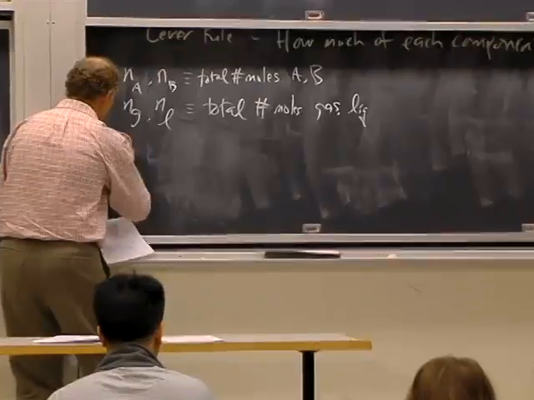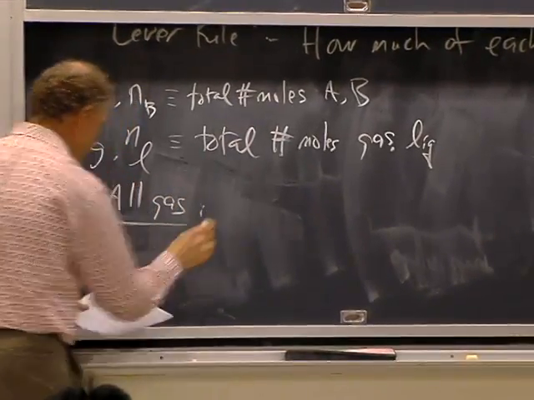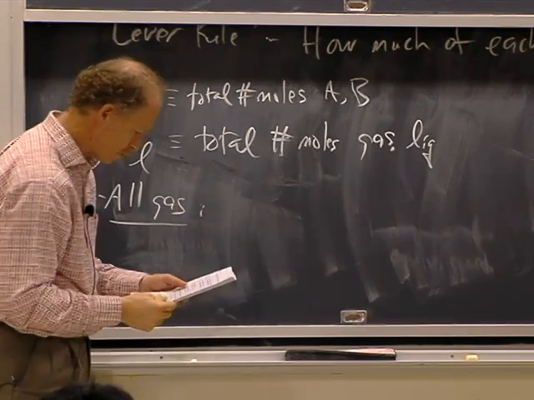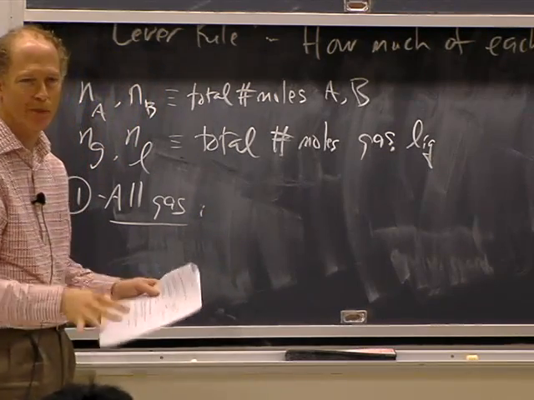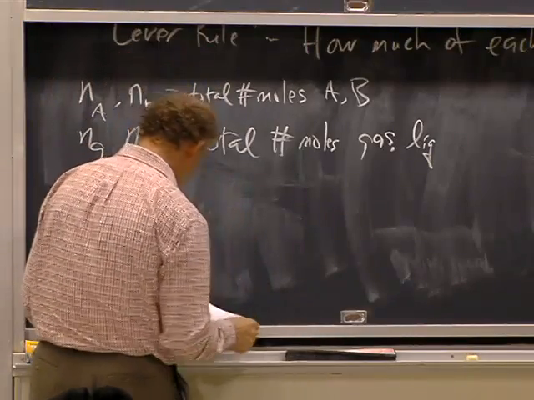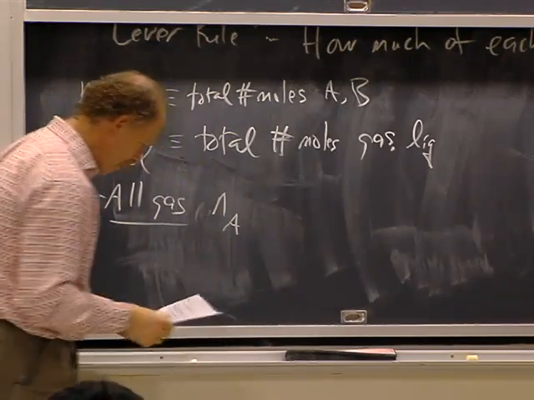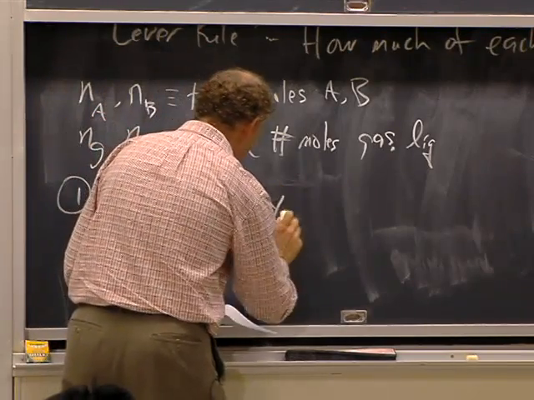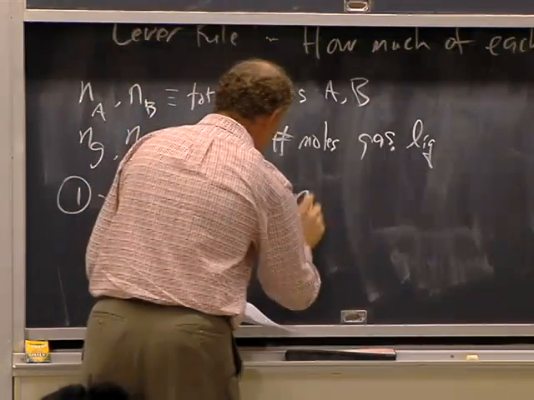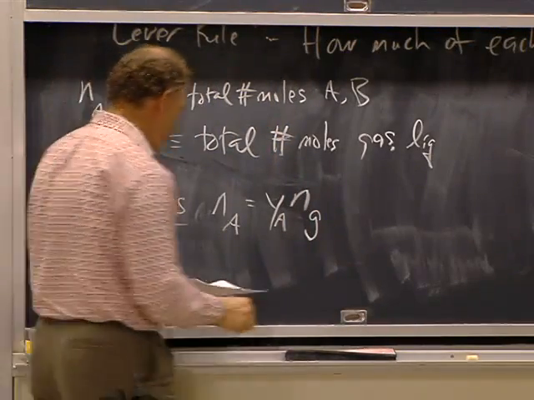So at 1, all gas, right? It says pure gas in the notes, but of course it isn't a pure gas. It's a mixture of the two components. So how many moles of A? Well, it's the mole fraction of A in the gas times the total number of moles in the gas.